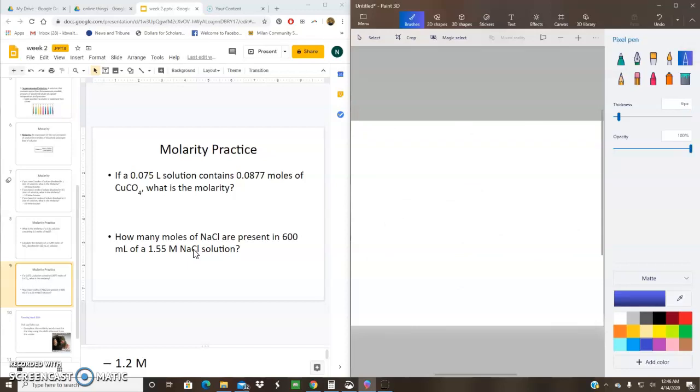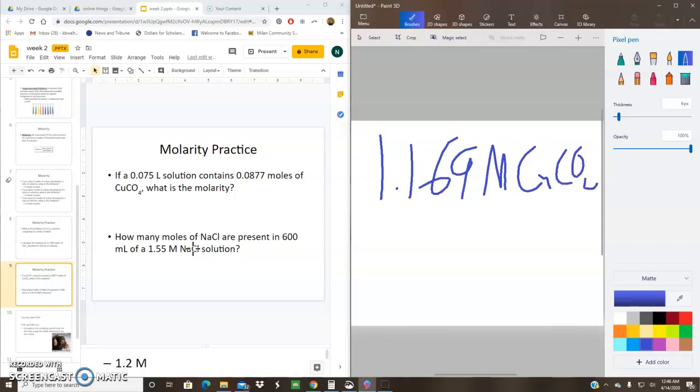So, erasing this once again to give us more room. We end up with 1.169 molar solution of CuCl4. But that's not the end of it, because we still have to do sig figs. Remember, sig figs still matter. They still are important. So if we look, we have two numbers given to us.